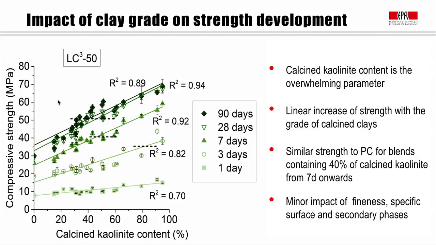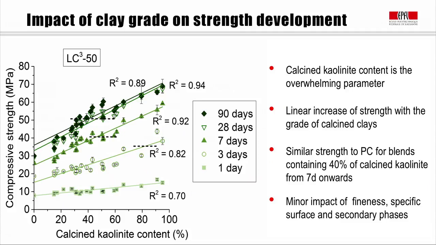And what we see quite clearly here is that we get a very clear correlation between the calcined kaolinite content, that's the amount of kaolin which was in the original clay that had been broken down during the calcination, and the compressive strength development. So we have different curves here for the different ages, for 1 day, 3 days, 7 days, 28 days, 90 days.